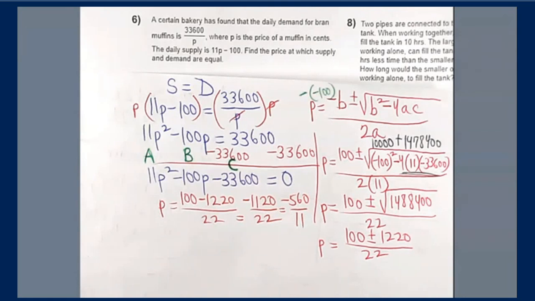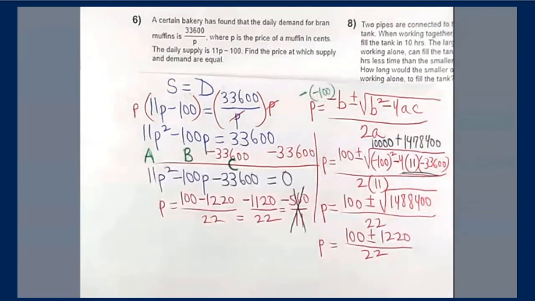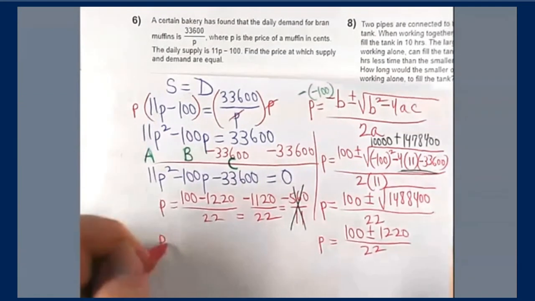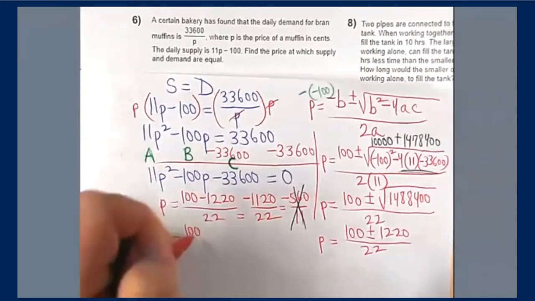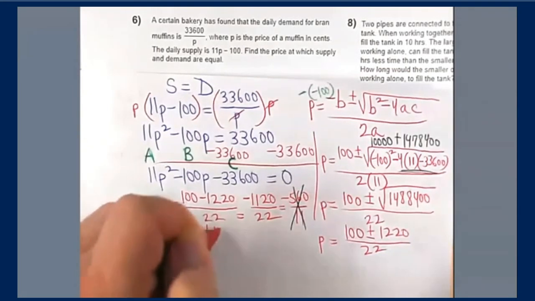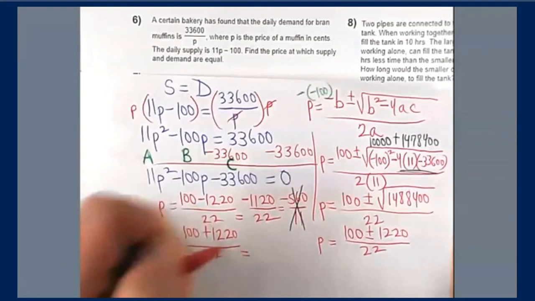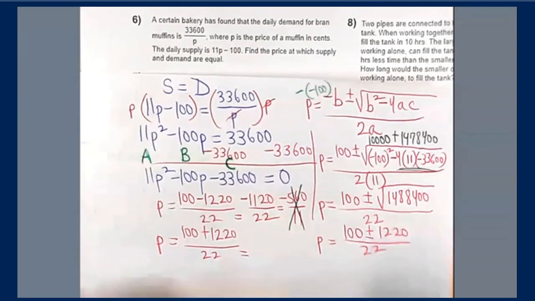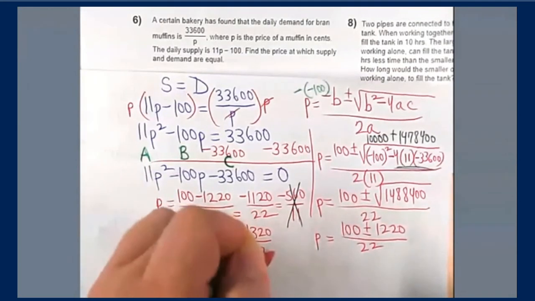So we can reject negative 560 over 11. And let's see what the other answer is. P is equal to 100 plus 1220 all over 22. And that gives us 1,320 over 22.